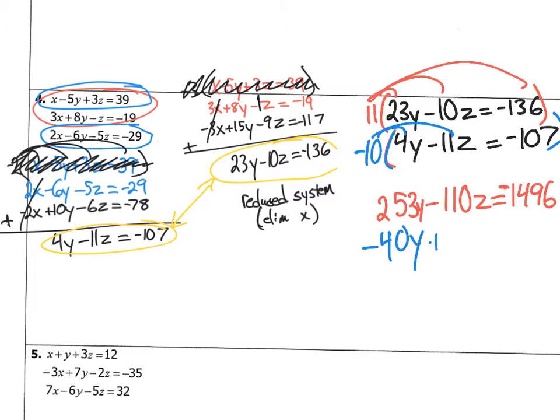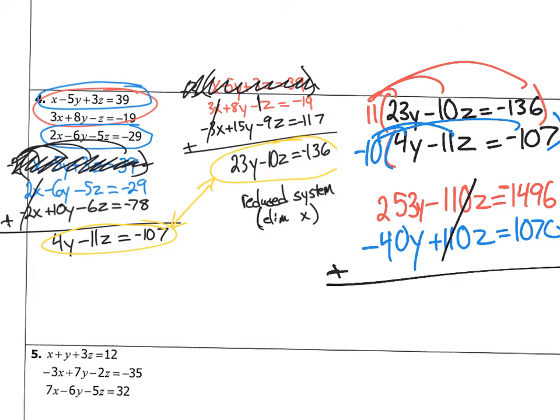Negative 40y plus 110z, and then 107 times 10 is going to give me a positive 1070. So now if I add these two together, I'm going to eliminate the z's.